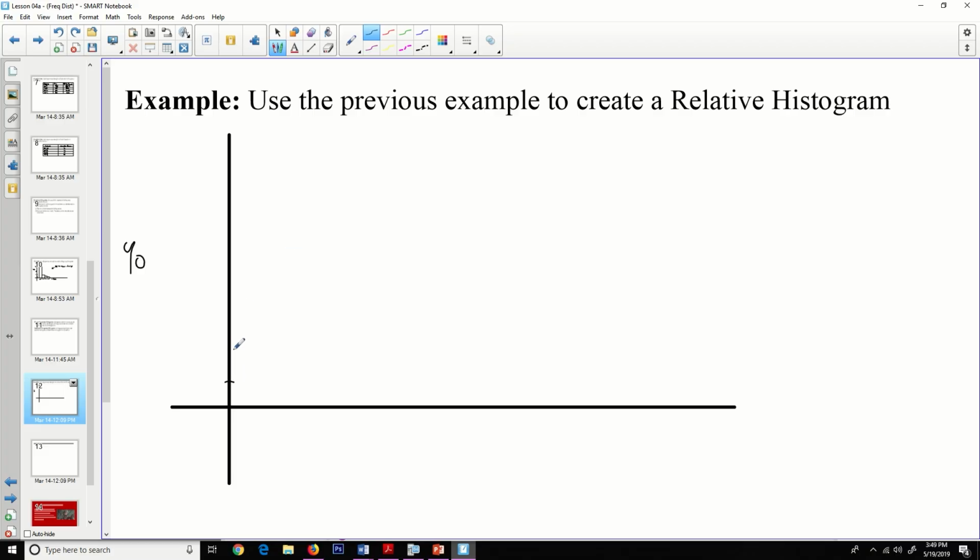Let's go 10, 20%, 30, 40%, 50, 60%, 70, 80%. And this time, just to do it a little bit different, here we're going to go with the class midpoints.